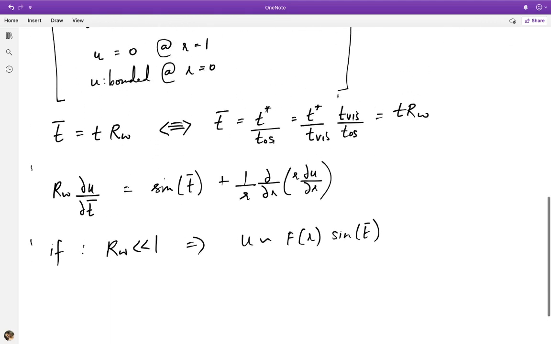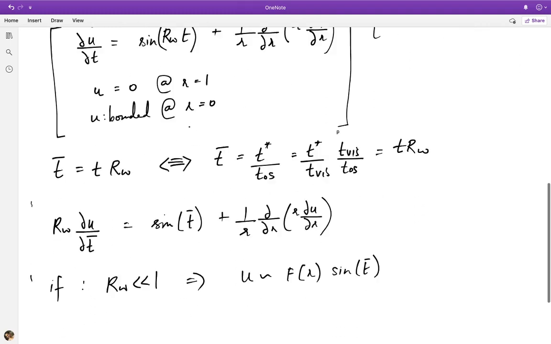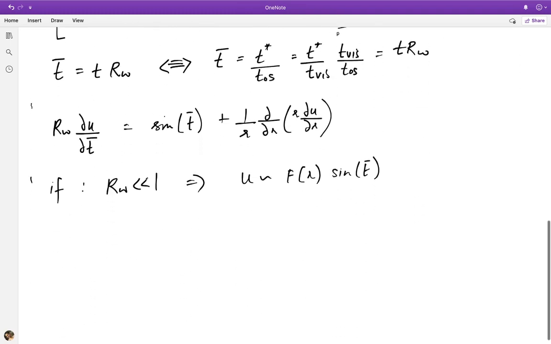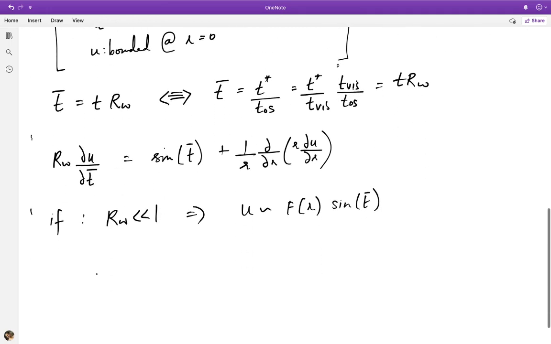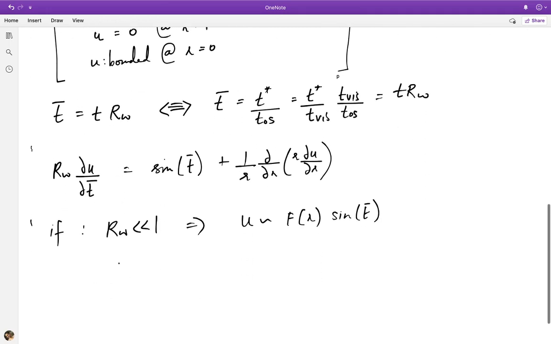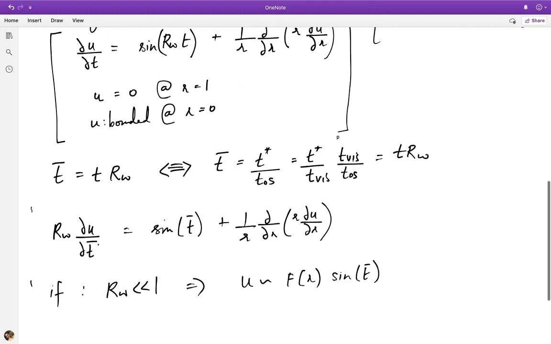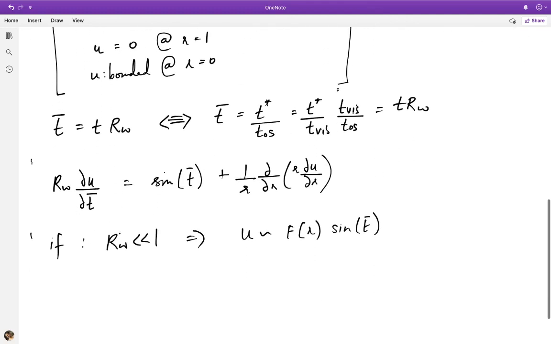But before we do that, we should make sure that this type of solution holds for all omega. Otherwise, we would only be solving the problem in one limit. So what happens now if we take rω to be large in this equation? So let's now look at that limit.